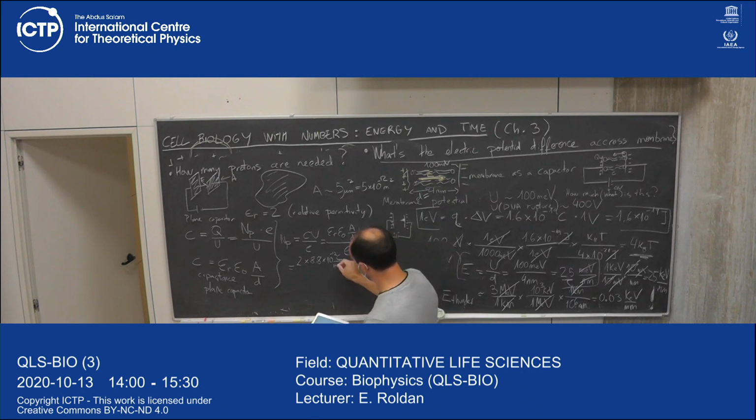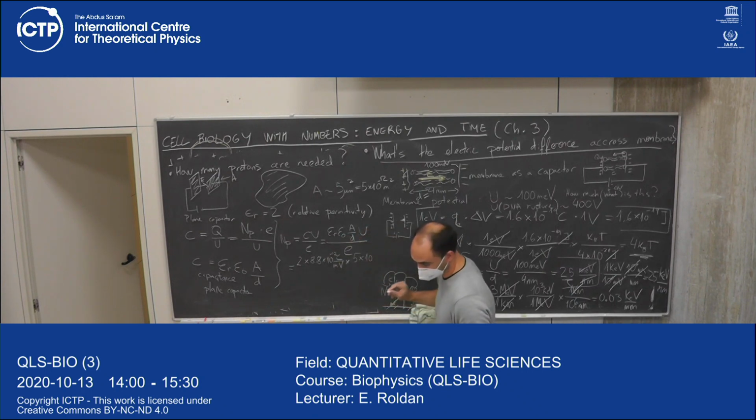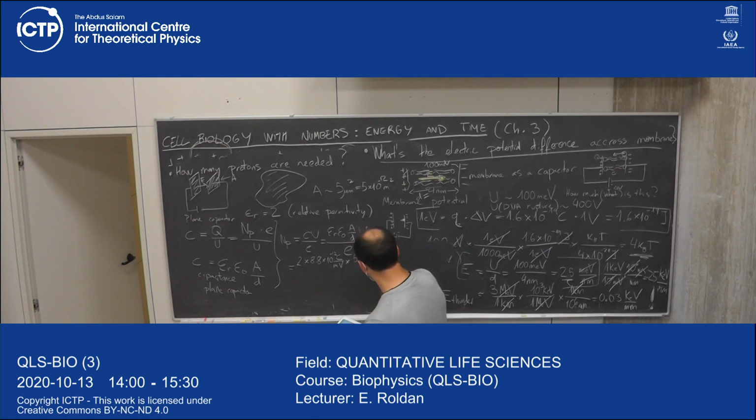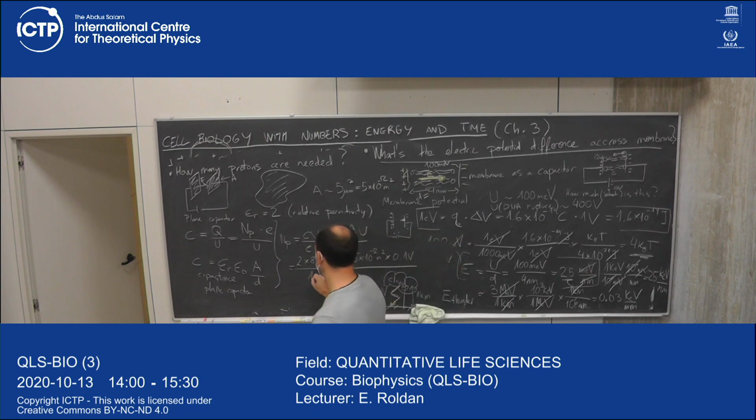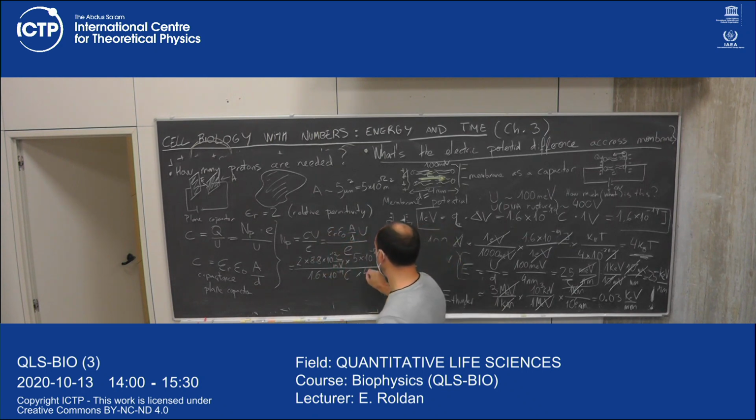Here it's useful to have it in meters because epsilon 0 comes in meters. Times U, which is 0.1 volt, is 100 millielectron volts, so we can write it like this. And then it's eV. So E is the electric charge, 1.6 times 10 to the minus 19 coulombs, and D is 4 nanometers, 4 times 10 to the minus 9 meters.